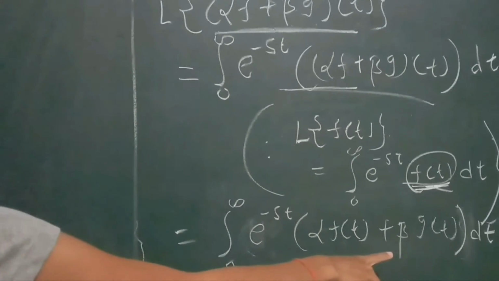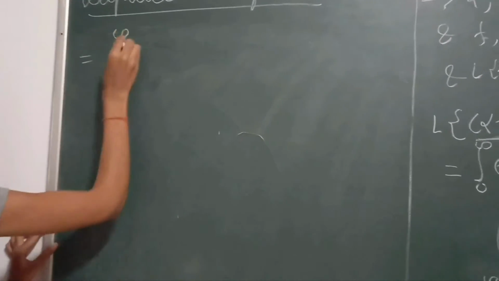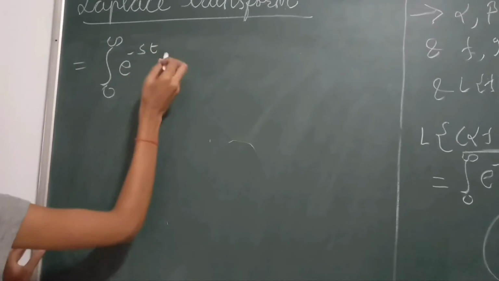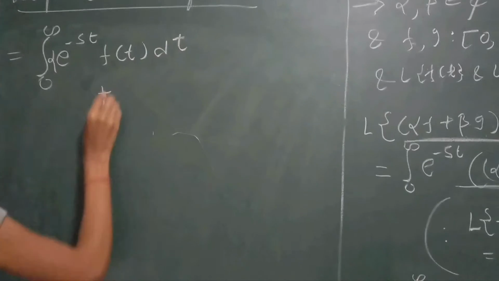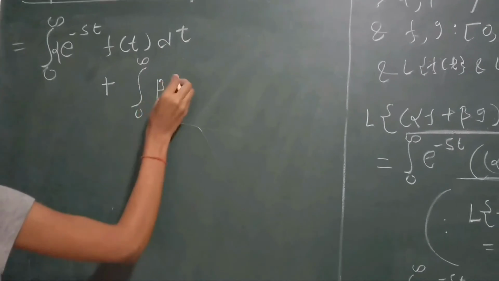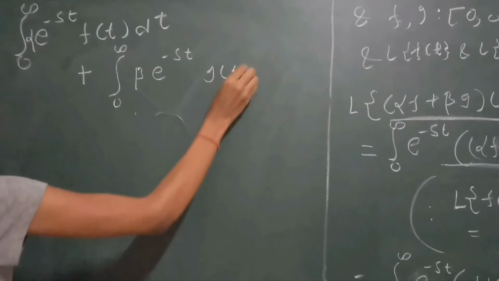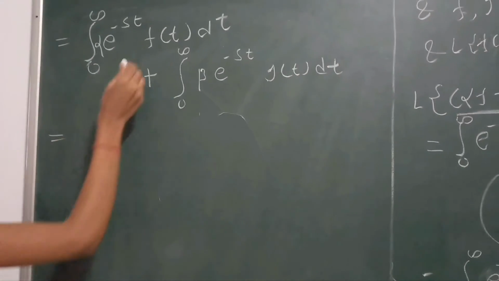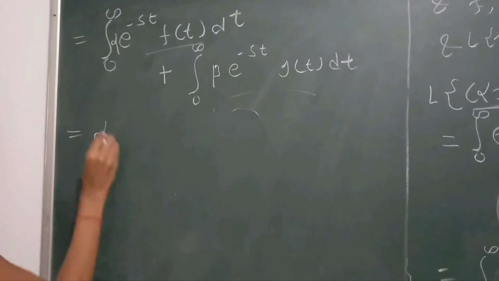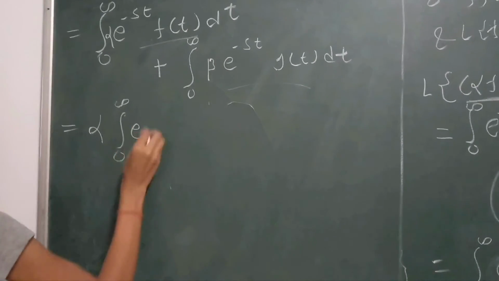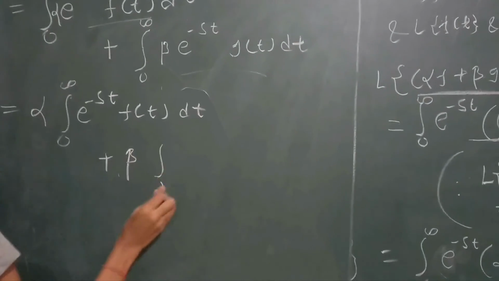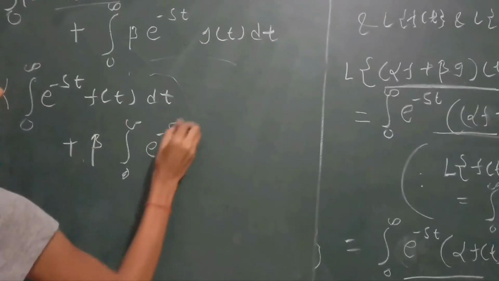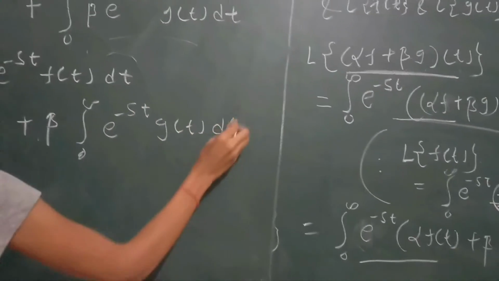Since L of f of t and L of g of t exist, we can write this as 0 to infinity e raised to minus st alpha f of t dt plus 0 to infinity beta e raised to minus st g of t dt. So we can write this as alpha times 0 to infinity e raised to minus st f of t dt plus beta times 0 to infinity e raised to minus st g of t dt.